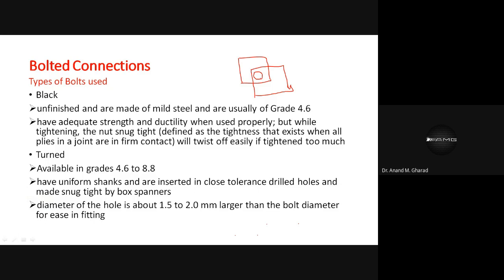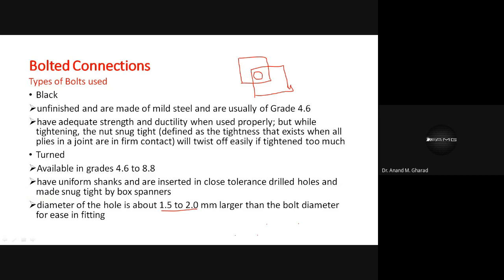Holes are drilled. First of all, these holes are drilled into these plates where the connections are to be made. Later on, the bolts are inserted, and while doing so, one thing is to be taken care of. The diameter of the bolt holes should be more than the diameter of the bolt, and usually it is around 2 mm more than the diameter of the bolt.